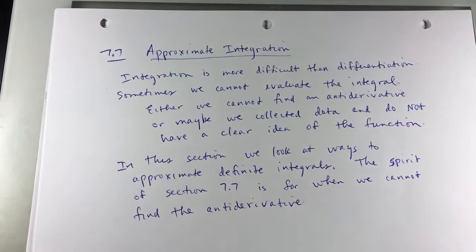And I worded it like that because, you know what? My example is one where we could find the antiderivative. But I want one that's easy enough to work that you can follow along and see what's going on in this section. And so that's why I call it the spirit here of the section.